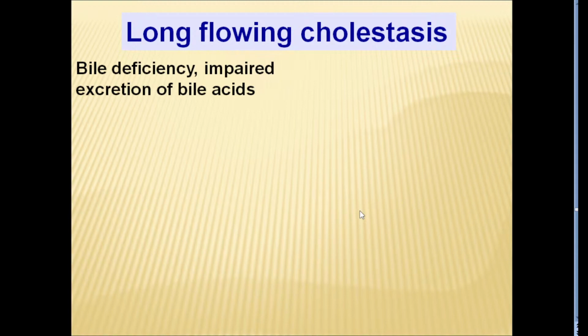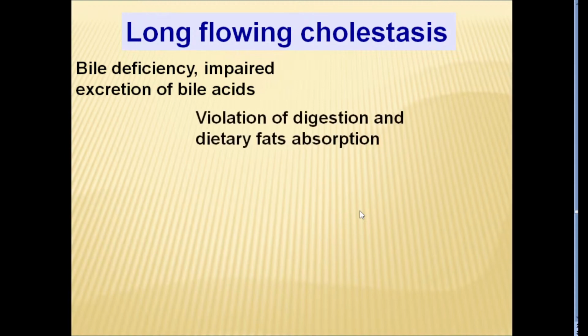Deficiency of bile and impaired excretion of bile acids, which are retained in the blood, provoke violation of digestion and dietary fat absorption, because we know that normal fat metabolism starts from normal digestion of fat in the duodenum. It is tightly correlated with the properties and evacuation of bile.